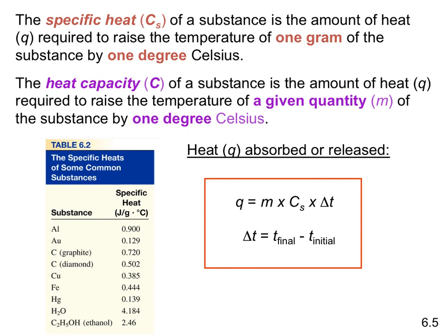Now, we're looking at the heat that's being absorbed by substances or heat that's being released by substances. And because we're looking at that Q, we're able to look at the relationship of Q with the components of specific heat. So Q is going to be equal to your mass, right? Specific heat, remember, relates 1 gram and 1 degree Celsius.